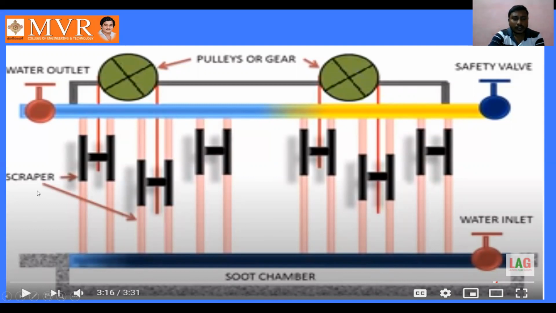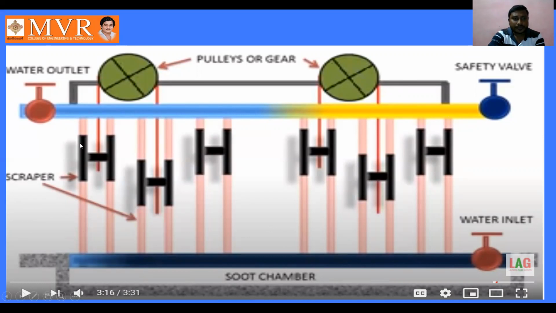The hot gases move in the horizontal direction, perpendicular to the vertical pipes. When the hot gases move around the tubes, the water inside the tubes is heated, and the water is converted into steam. And this is the water outlet which we can observe here.